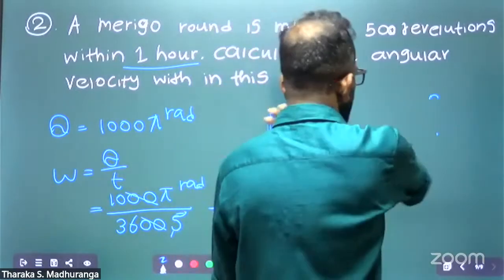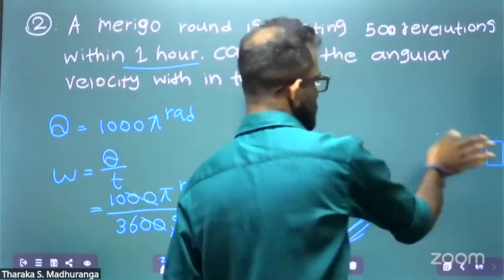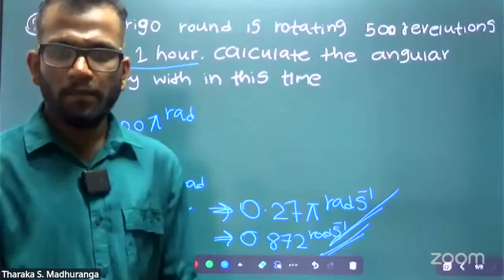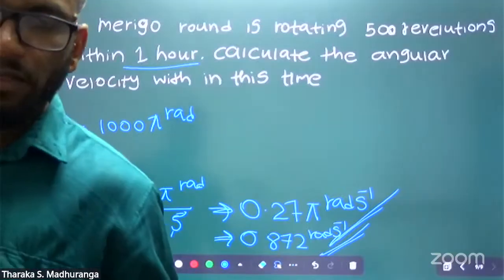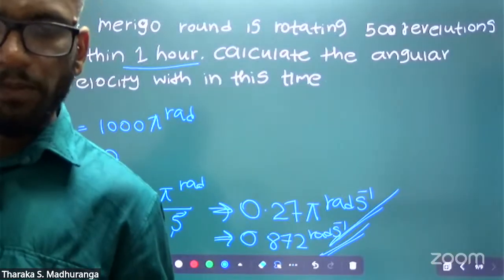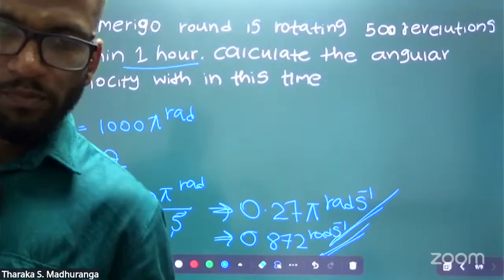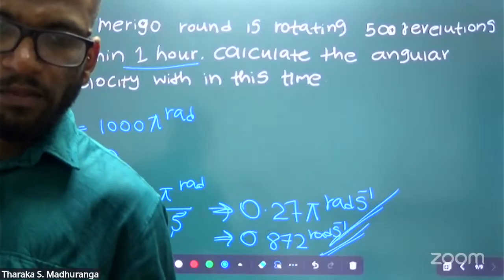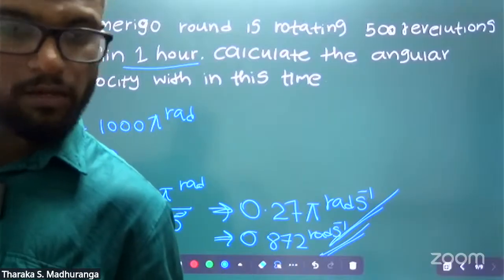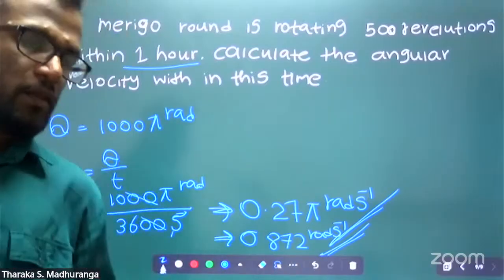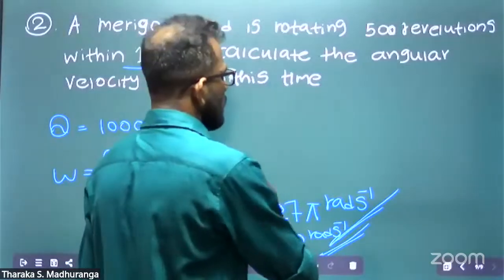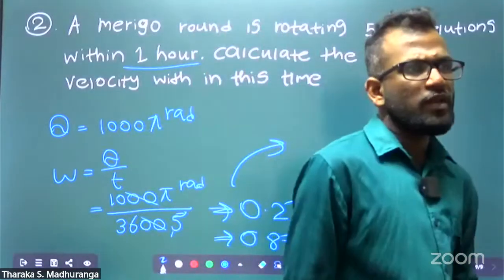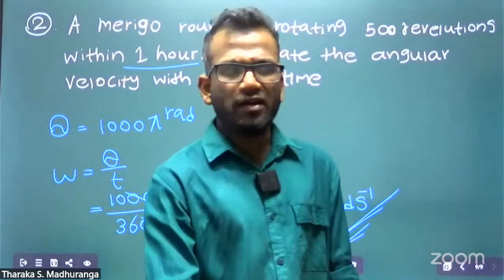Okay, any doubt, please ask if you have. So, can we keep the final value without multiplying by π? Or do we have to get the decimal value in the exam? In the exam, a lot of this type of questions are asked in MCQ. Essay questions are very rare.